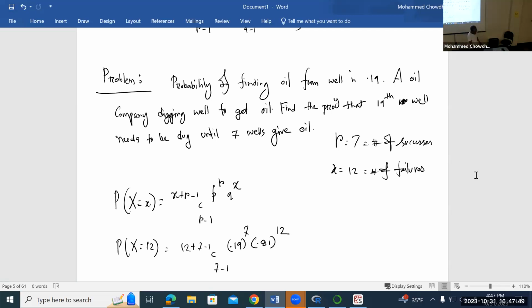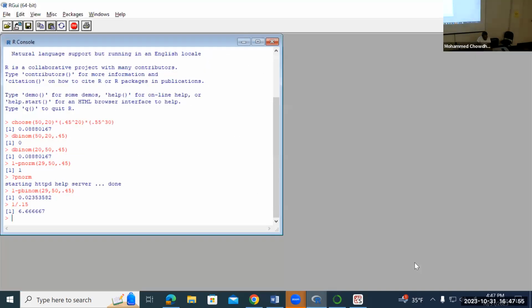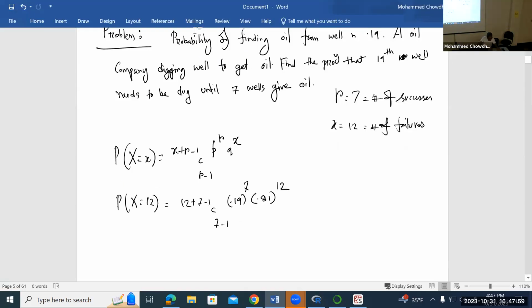So now I can compute these things by using this formula. I can write it in here: 18 choose 6, 0.19 to the power 7, 0.81 to the power 12. Let me compute these things.